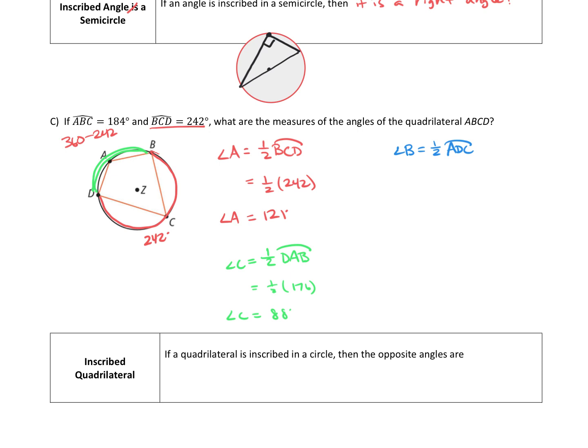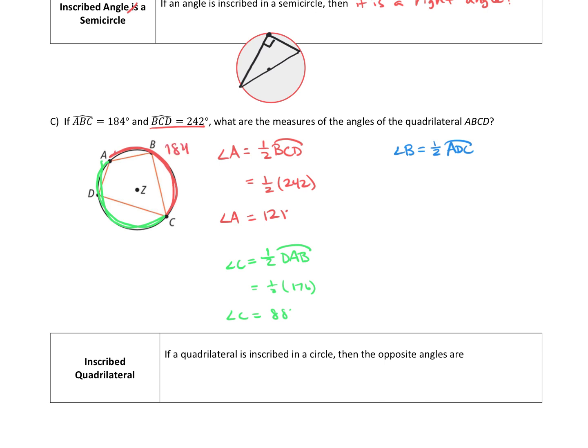All right, so I want to go back up, because we're going to do that same idea. Angle B is equal to half of arc ADC. So let's find arc ADC. If we look at arc ABC, we were given arc ABC as 184.